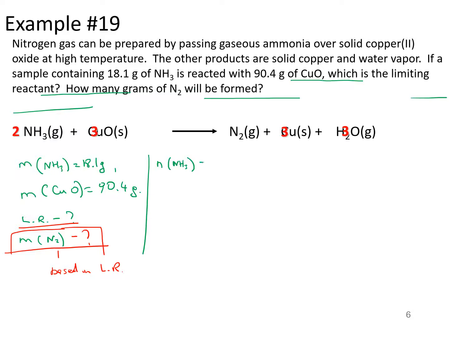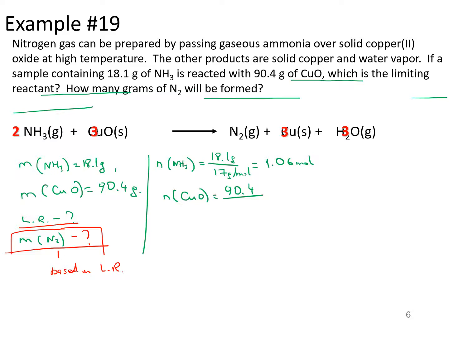So the first step here is you need to find the moles. Let's do that. The moles of the NH3 are going to be 18.1 gram divided by 17 grams per mole. So 18.1 divided by 17, I got 1.06 moles.